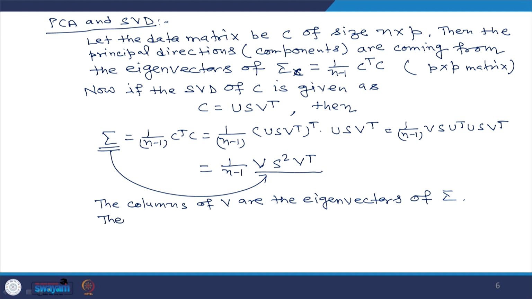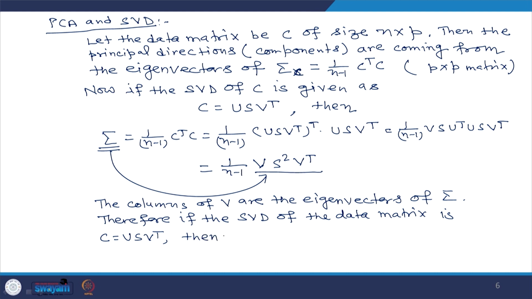Therefore, if the SVD of the data matrix is C equals to U S V transpose, then columns of V give the principal directions.